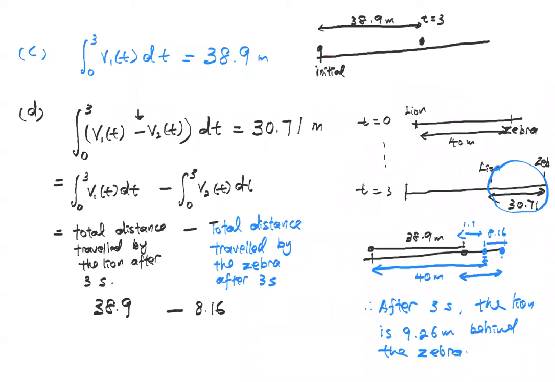The total distance traveled by the lion and the zebra, the difference is 30.71 meter. Or you put it in a better way: the lion traveled 30.71 meter further than the zebra. Dia lari lebih jauh. Okay? How much further? In the first 3 seconds, 30.71.